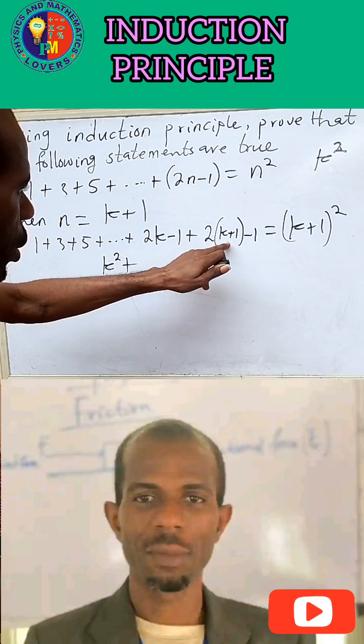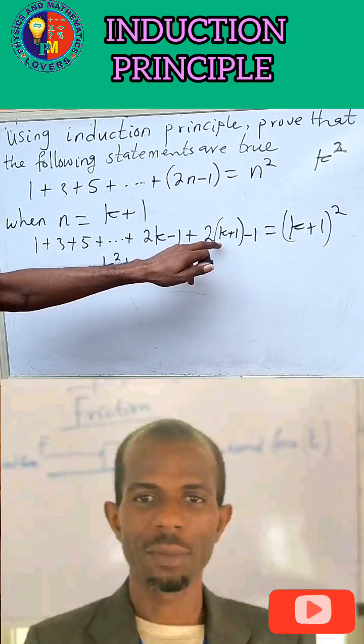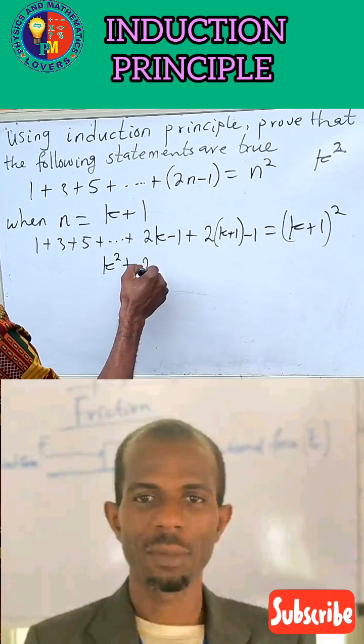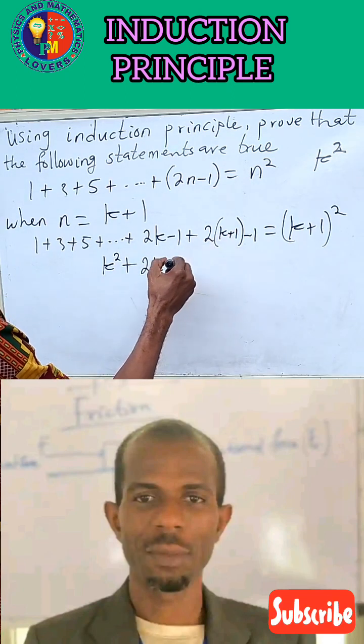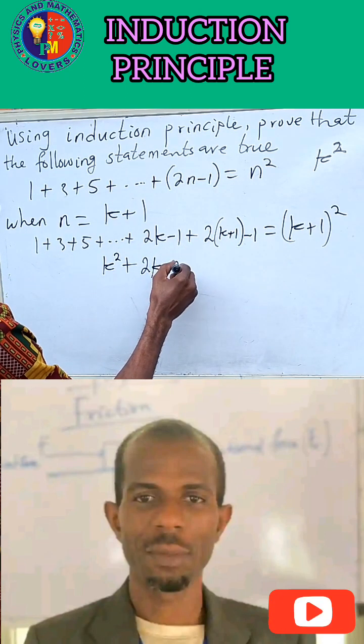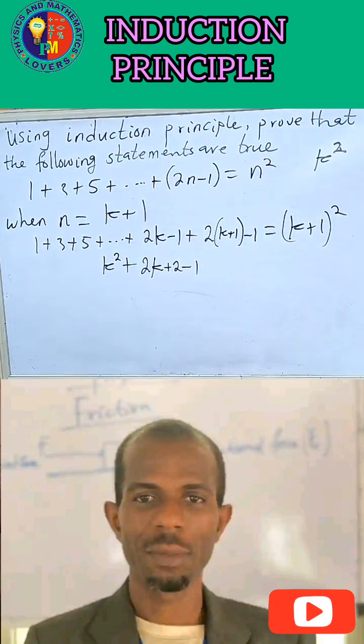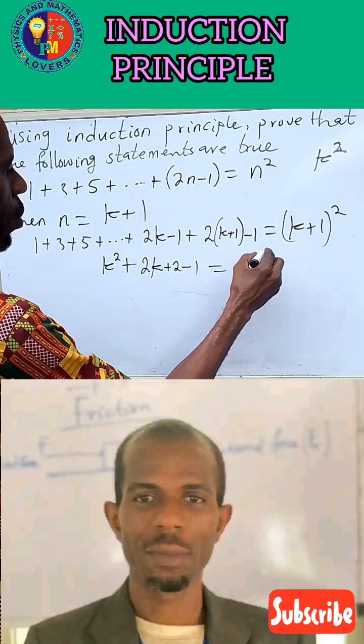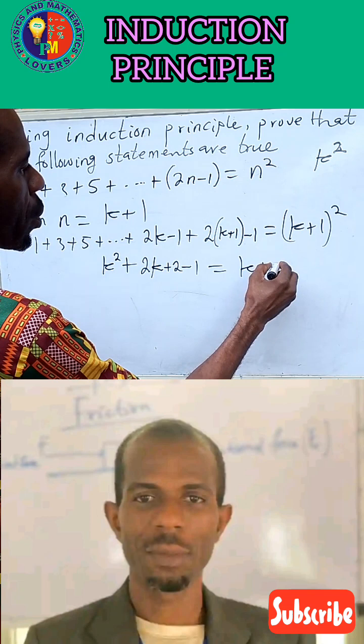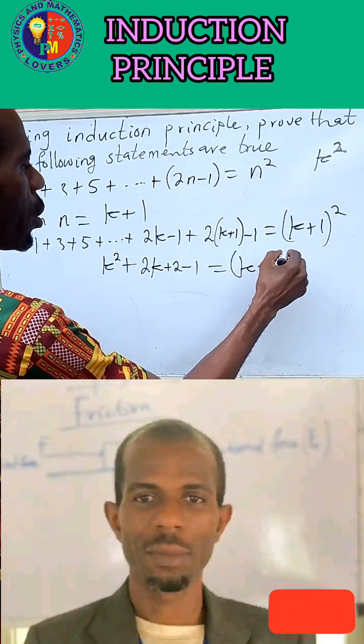Let us distribute this 2: it gives 2k, then 2 times 1 is plus 2, then minus 1, equal to k plus 1 all squared.